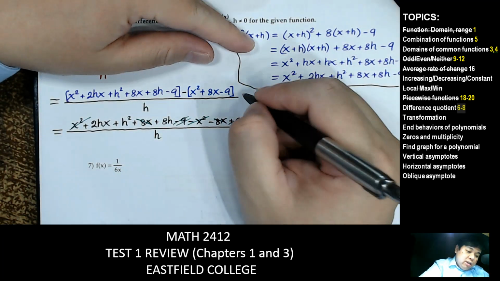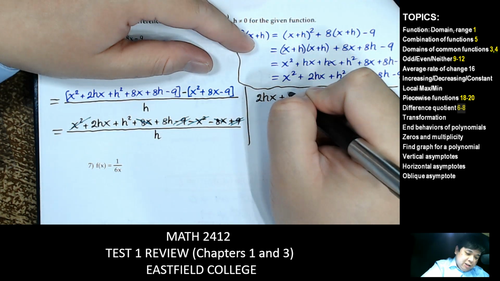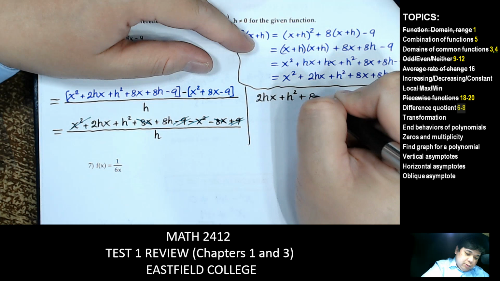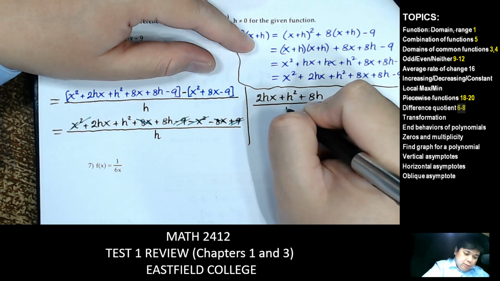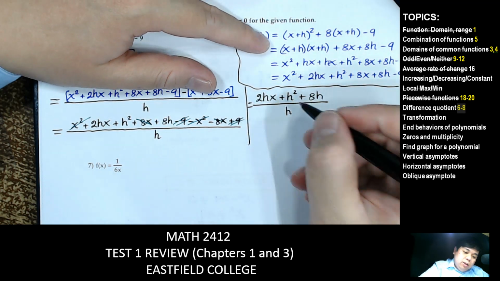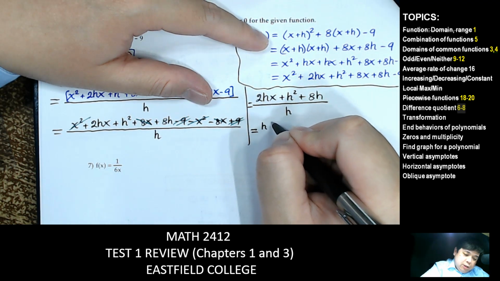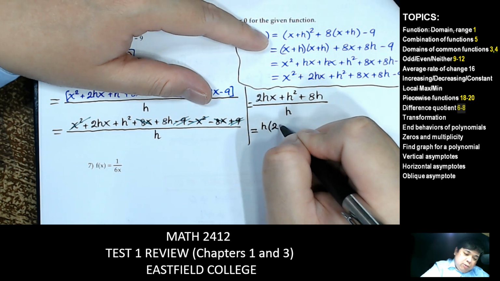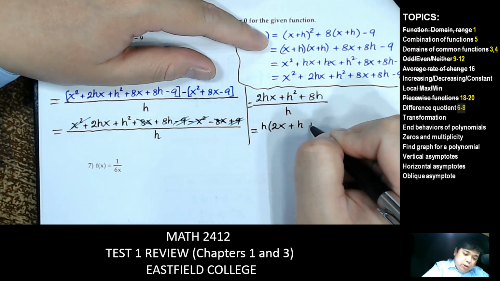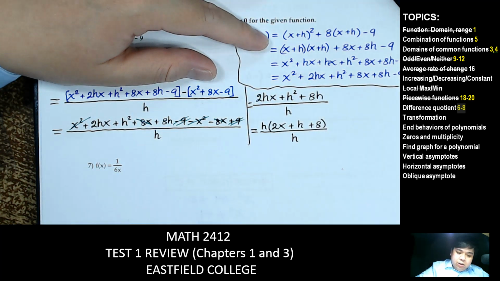So everything left must have an h in it, where we can factor out the h. We have 2x, h, and a. Cancel out the h.